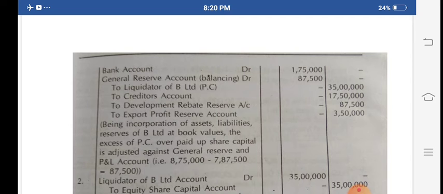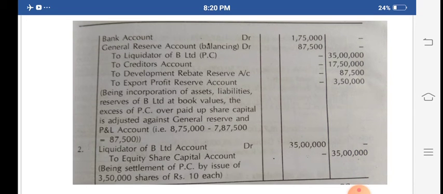Here the narration is given: being incorporation of assets, liabilities and reserves of B Limited at book values, the excess of purchase consideration over paid up share capital is adjusted against general reserve and profit and loss account.